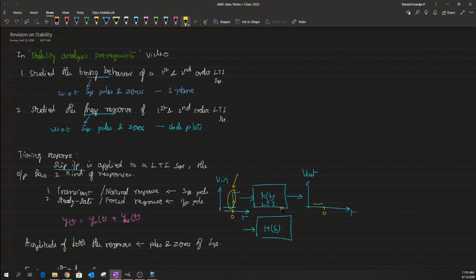But the LTI system has some poles in it, so these poles will generally restrict the response at the output. For example, I have a low pass filter. So basically the LTI system will have some sort of low pass filter characteristics, which means that all the high frequency signals will be filtered out when it passes through the LTI system.